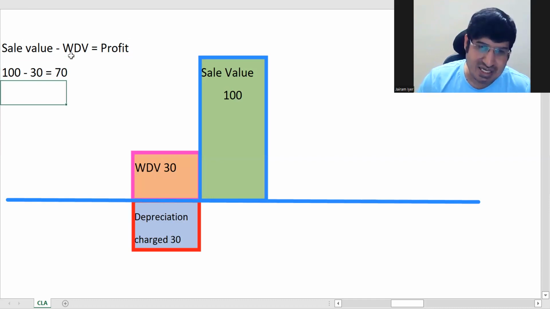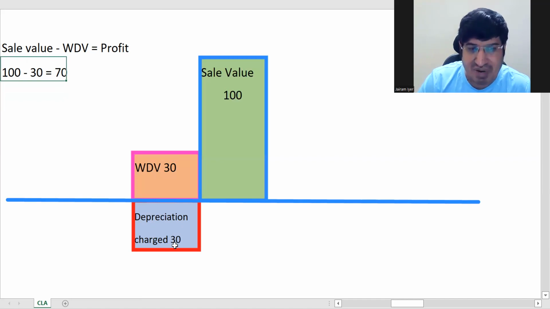Because you have already taken depreciation of 30 under the PGBP section, PGBP says, if 70 is the profit, then you give me back my deduction.